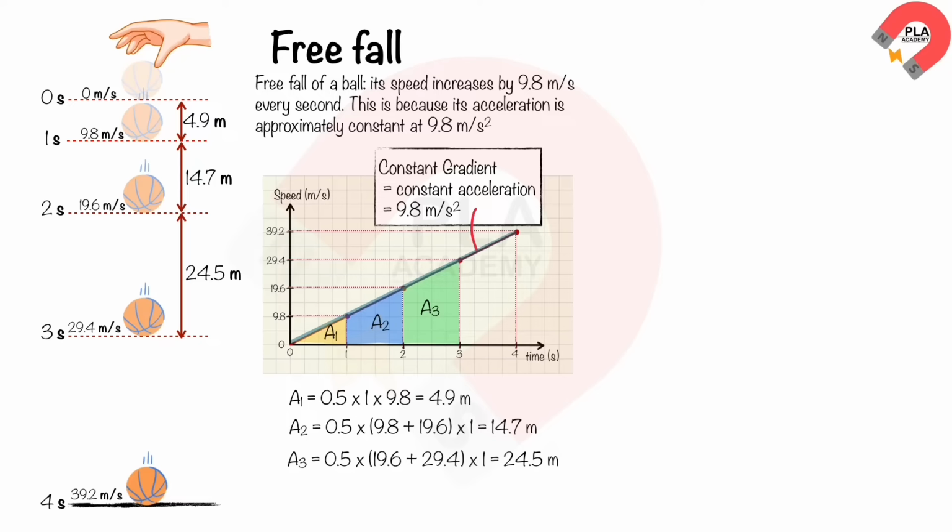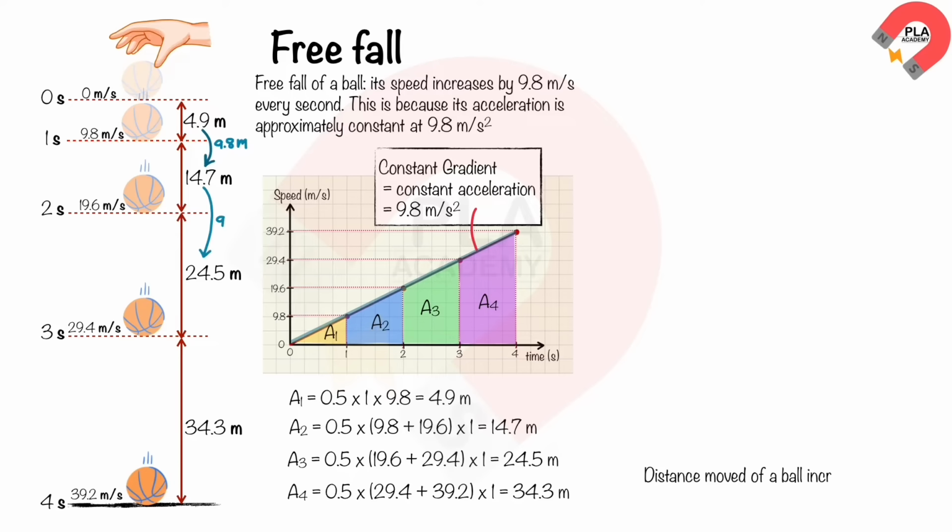Distance moved between 3 and 4 seconds equals 0.5 times the sum of 29.4 and 39.2, times 1, which is equal to 34.3 meters. You see that the distance moved by the ball increases by 9.8 meters every second.